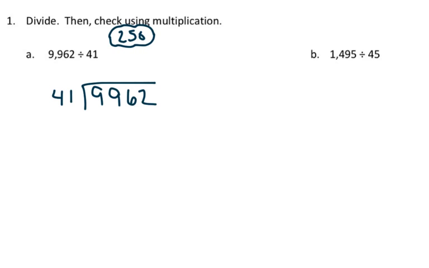So I know I'm going to have a 2 in my hundreds place. The students can put the 5 here, and they're going to realize that 5 is too much. So I'm just going to save time and put the 4. And 4 times 41 is 164.